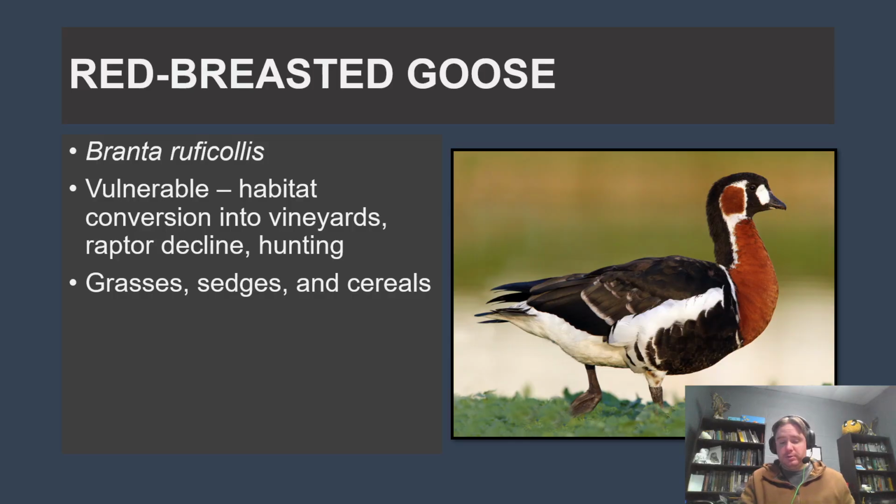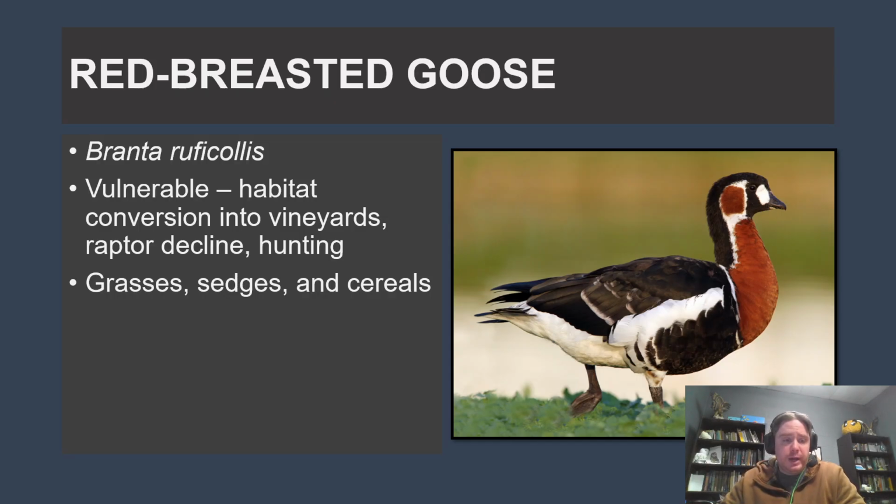Because if their nest is near the raptor's nest, the raptor will chase down a fox if it's in the area, and then they don't have to deal with that fox anymore. But where those raptors have declined, you don't have that free security guard anymore in some situations, and so you have greater predation risk.